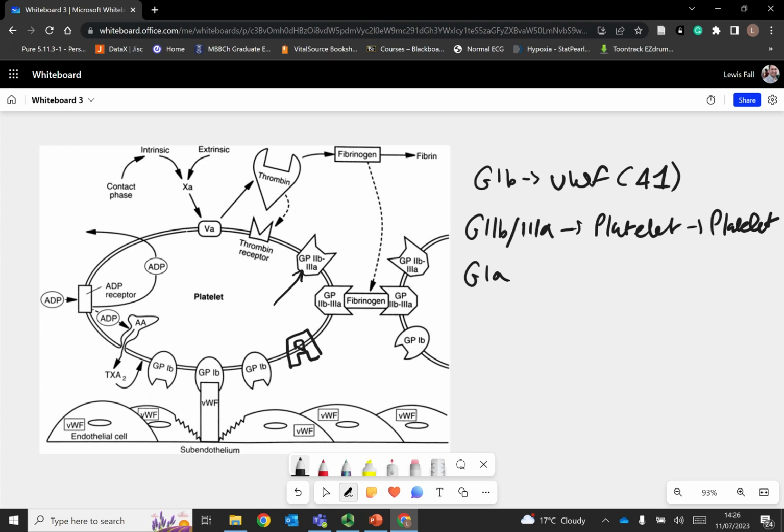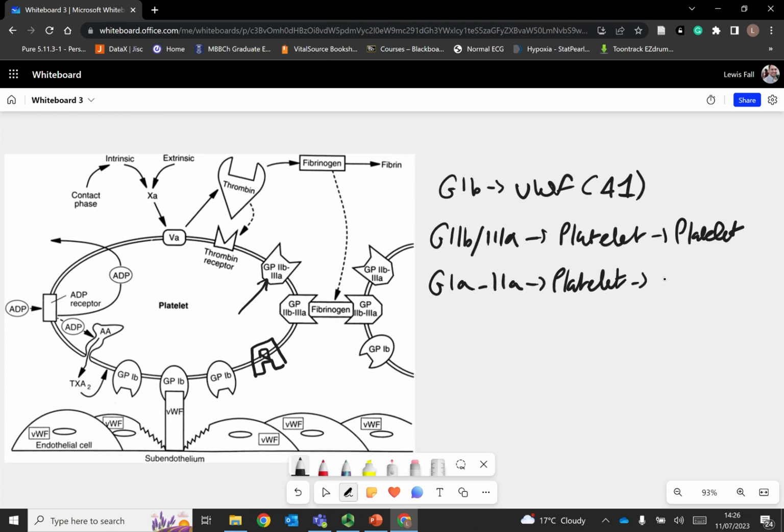Okay. Now, you sometimes see this written as glycoprotein 1A, 2A. What this does, and this is the reason I'm going to talk about it now, is it's going to take a platelet and bind it directly to collagen. Okay, so 3 key glycoproteins that you need to remember.